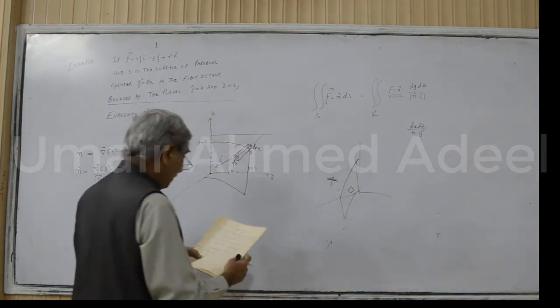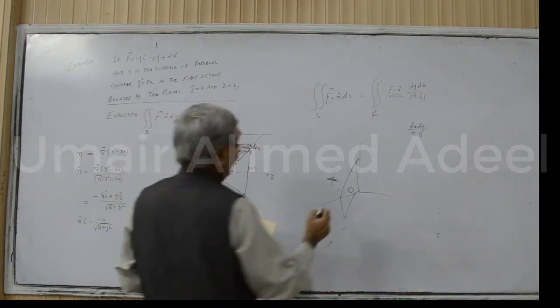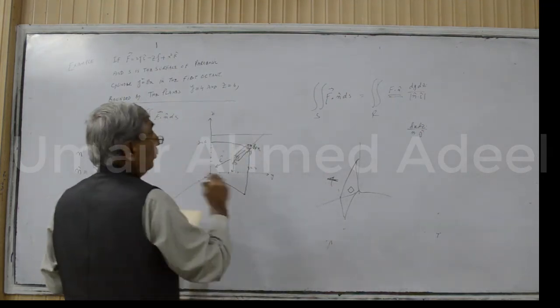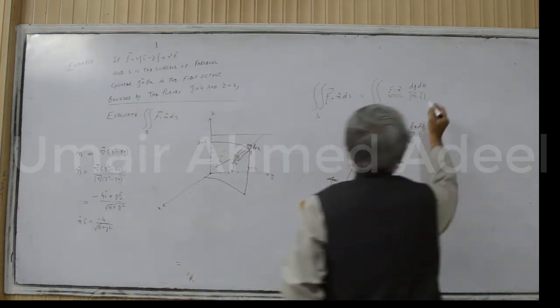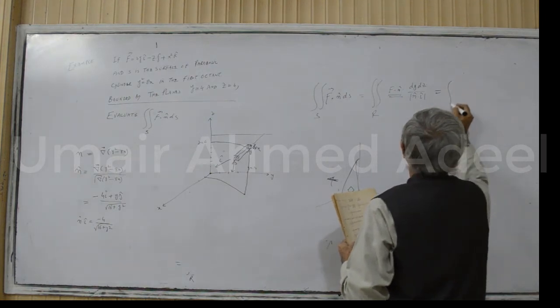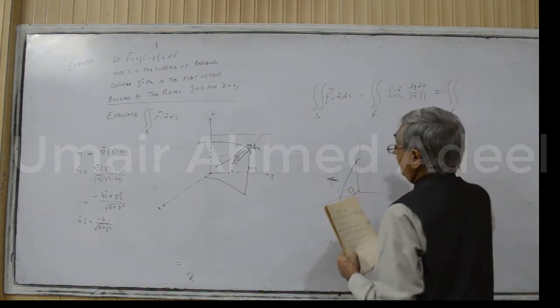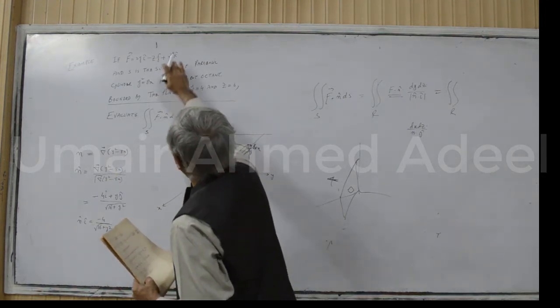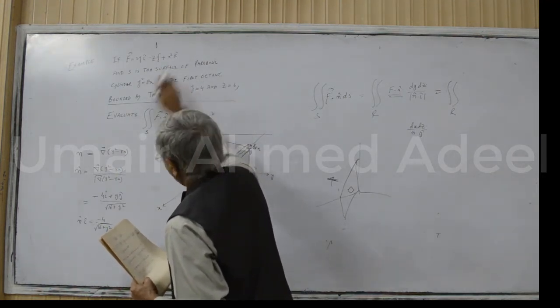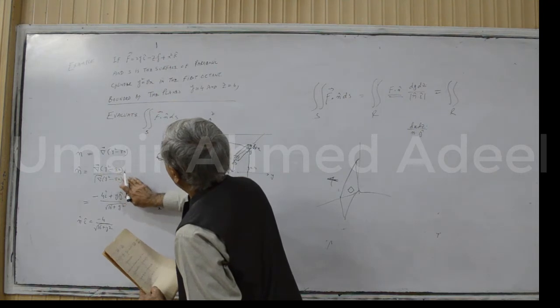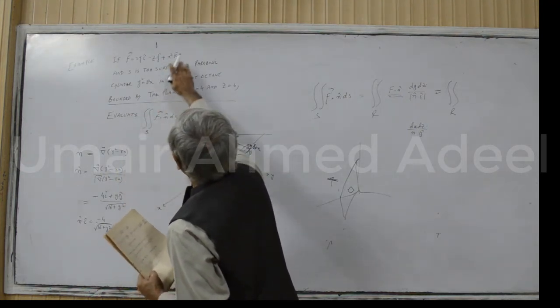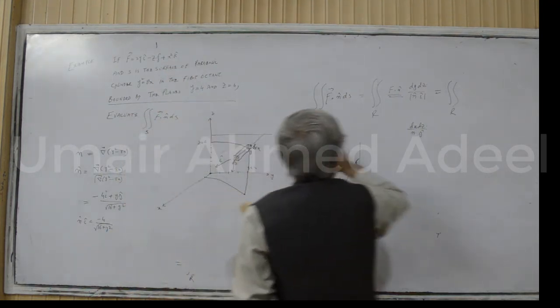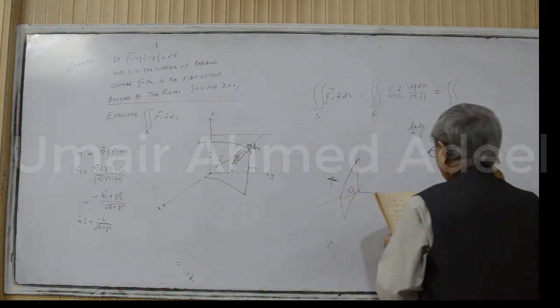Now, if you solve this problem, then your answer will be 132, because this is in the region R, F dot n. This is n, and that is your F. So you multiply n with this one scalarly, and you see what you get.